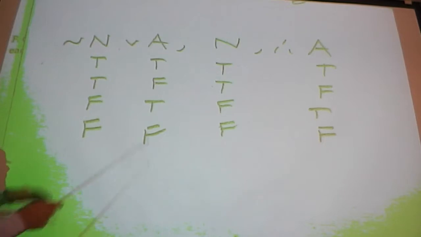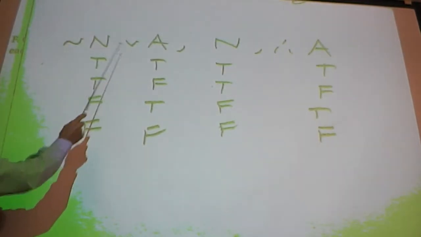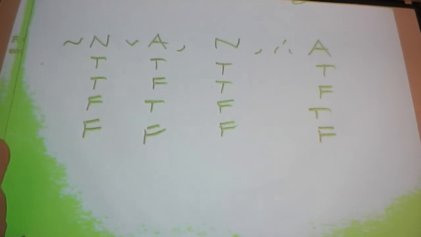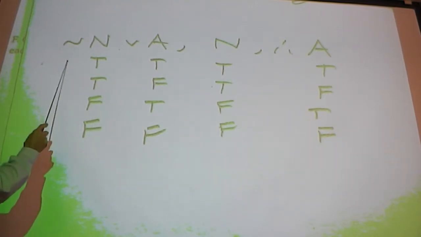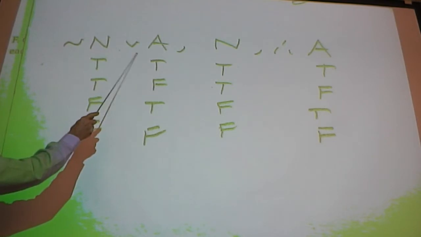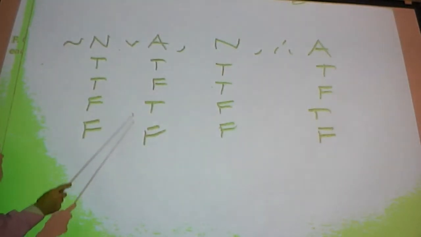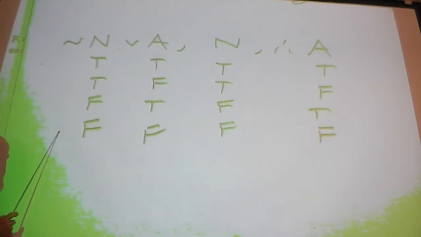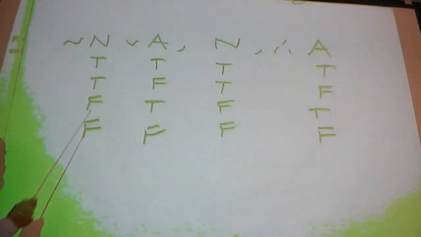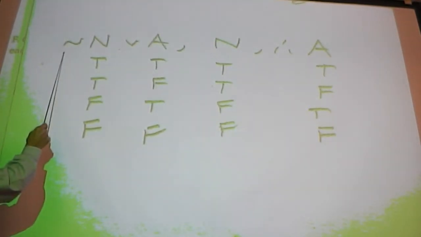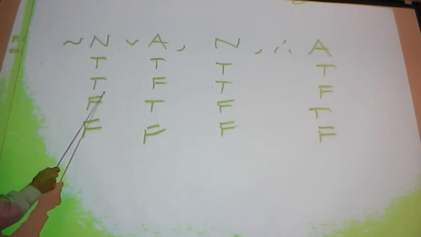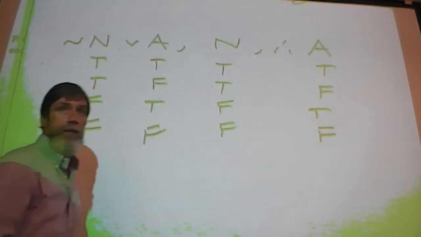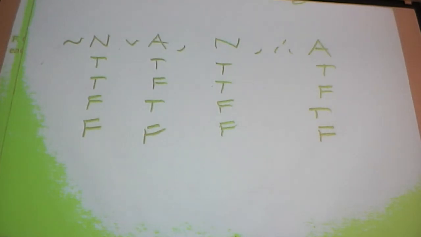In this first premise, those 2 remaining symbols, which one can we determine the truth value of from what's already there? The curl or the wedge? The curl, because the truth value of that wedge is a function of A, which we have, and the curl, which we don't have. So we can't complete this column yet. You've got to do the curl first. So you're simply going to be reversing N's column, correct? Because that's what a curl does.